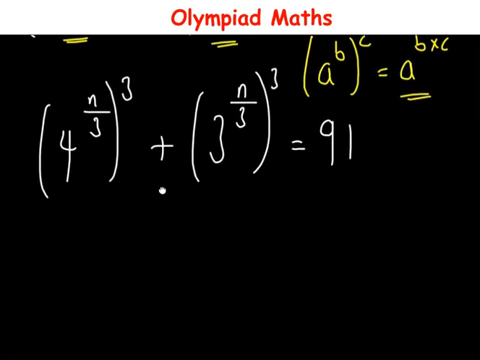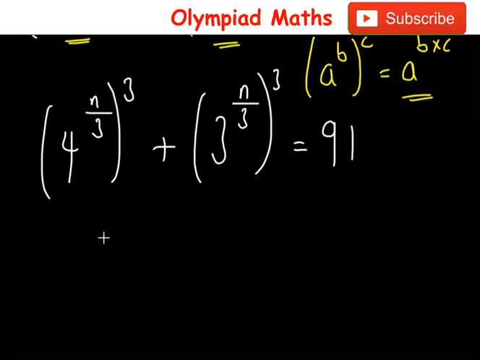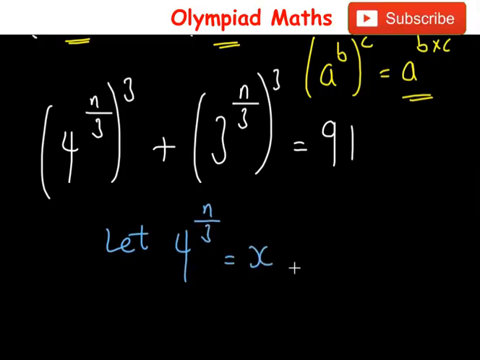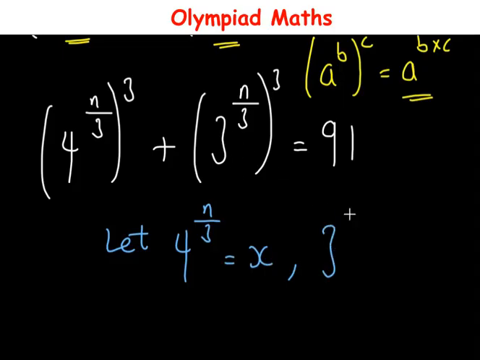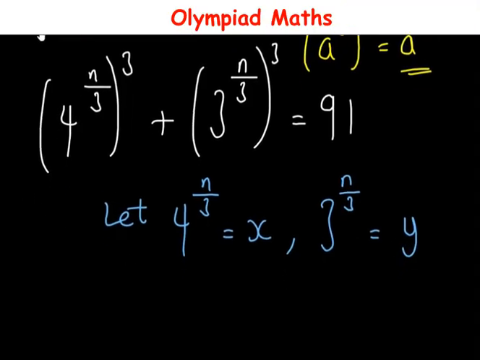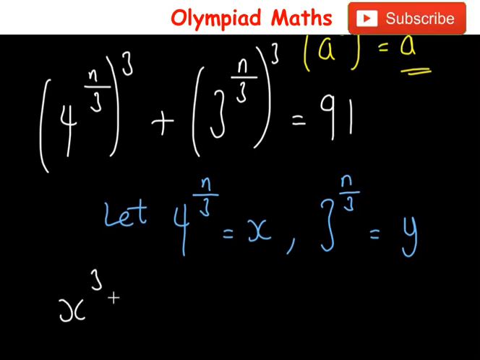So at this junction, we are going to say let 4 raised to power n over 3 equal x, and also let 3 raised to power n over 3 equal y. Okay, so that means this equation then becomes x raised to power 3 plus y raised to power 3, and this equals 91.